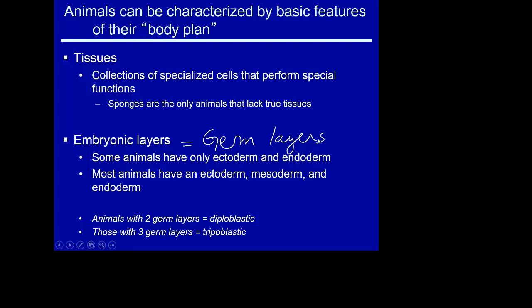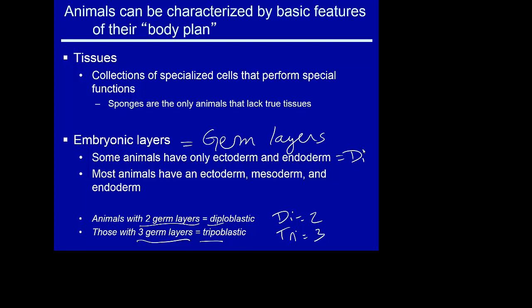And when we look at these germ layers, we have two possibilities. We have animals that have 2 germ layers and some that have 3. Well, if you have 2 germ layers, you are a diploblast. If you have 3 germ layers, you're a triploblast. Remember, di is 2, tri is 3. Why is this important? Well, our diploblasts only have an ectoderm and an endoderm.